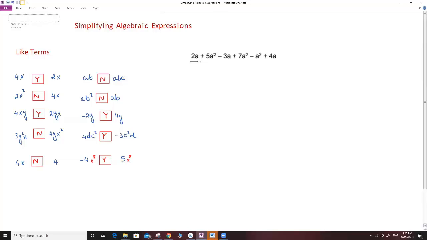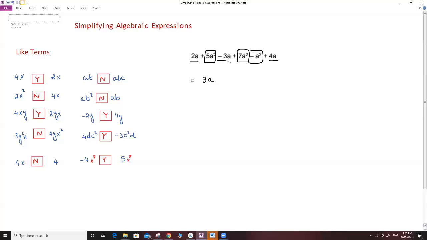underlining the same or the like terms in this way. So they can say that 2a and negative 3a and positive 4a are like terms. So 2 and negative 3, it's negative 1. Negative 1 and 4, that means 3a. For the next one, you can square it if you like, all the like terms for yourself, so you don't miss anything.